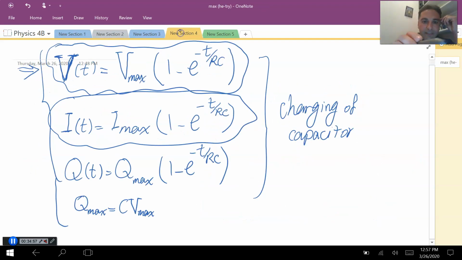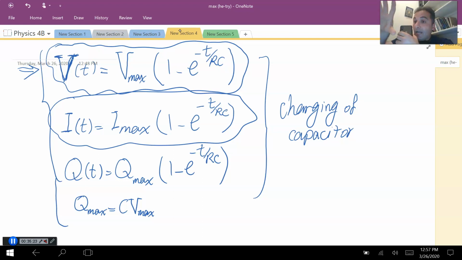So what did we learn? We learned about charging of a capacitor. I showed it to you in class, guys. For example, this is my camera on my phone. When I push the button, it takes, let's say, 2 seconds, and then the light comes out.